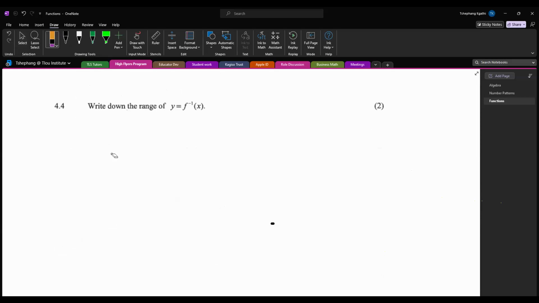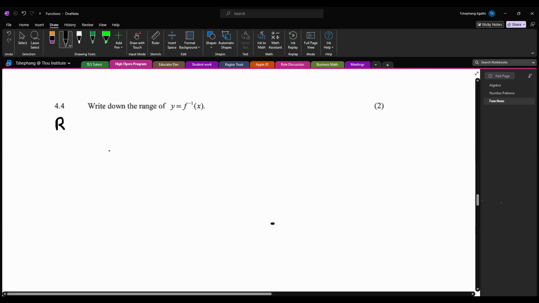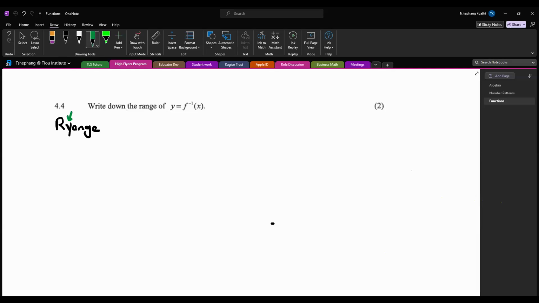Now, how do I remember? Please don't write this in your book, but this is a way of remembering it. I write range how I say it, and then I know immediately that I'm dealing with the y values whenever I'm talking about range. Obviously, if range deals with y, domain will deal with x.